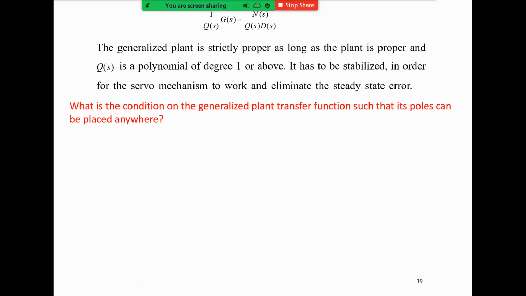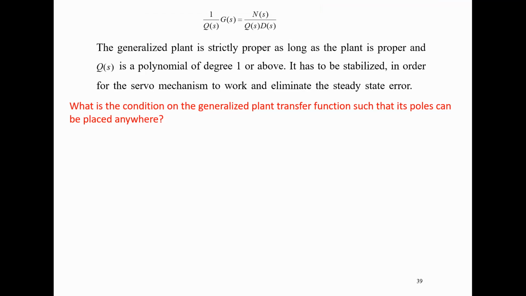From the solution we gave in part 1, what are the conditions such that we have a solution to the pole placement problem? What are the conditions on this N, Q, and D? When can we place the poles anywhere we like?